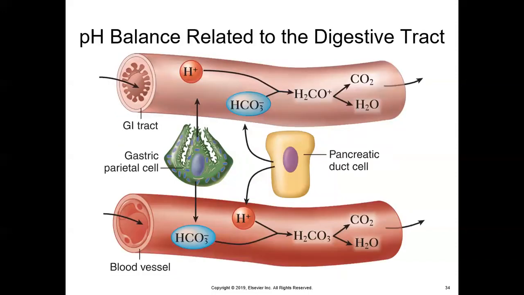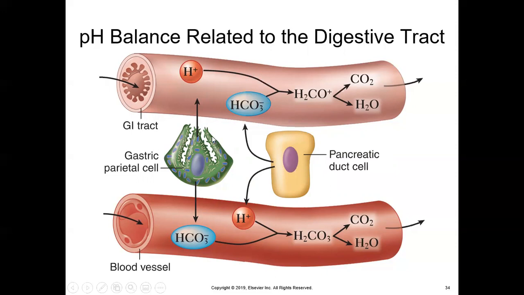Okay, so what it's trying to say here is that the digestive tract is in direct communication with the blood, and so you have the hydrogen ions, and the pancreatic cell sends in bicarb.